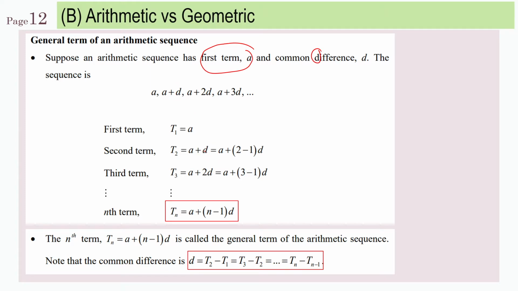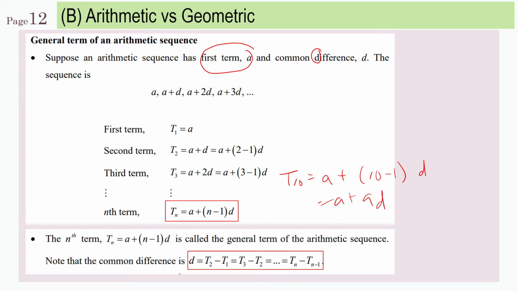After that is A plus 2D and so on, and the general nth term is A plus n minus 1 D. So if you want to know T10, it's A plus, your n over here is 10, minus 1, multiplied with our D, so it's A plus 9D. This is the general nth term.